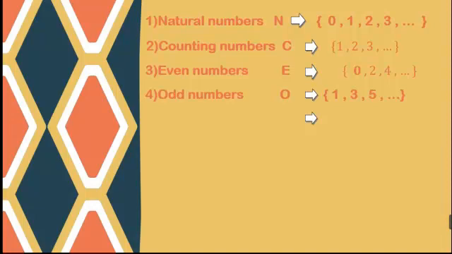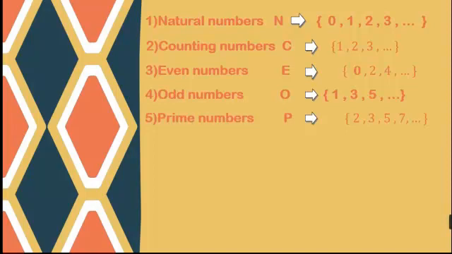Now we have how many sets? We have 4 sets. The last set is called the set of prime numbers. We took the prime numbers in primary 4, the first term I think. So let's remember them together. What is the definition of a prime number? A prime number is a number that has just 2 factors, 1 and itself.